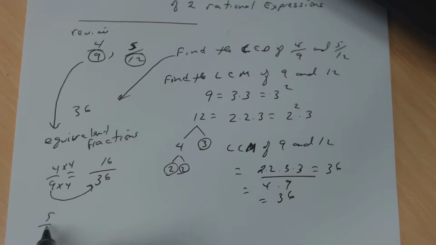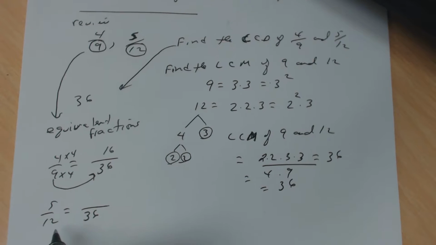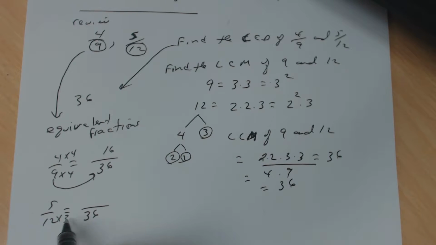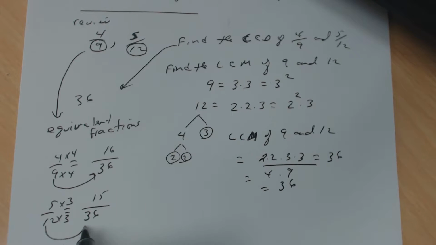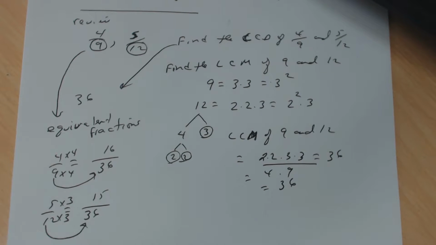Then you do the same thing with 5/12. 5/12 is equivalent to what numerator divided by 36? You said 12 times 3 is 36, and what I do to the denominator, I need to do to the numerator. So 5 times 3 is 15. So 5/12 is equivalent to 15/36. All this is going to be used in this lesson and the next lesson.